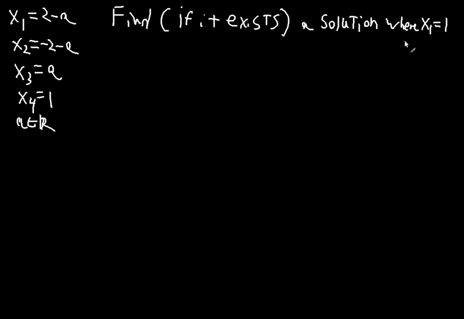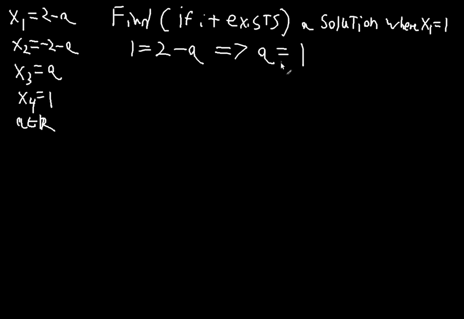In order to do this, all we have to do is look at our equation here for what all of the values of x1 can be, and then figure out what the corresponding a value is, and then we can plug that into all of these guys. So if we want x1 to equal 1, then we want 1 to equal 2 minus a. This, of course, gives us that a is equal to 1, just by doing a little algebra.